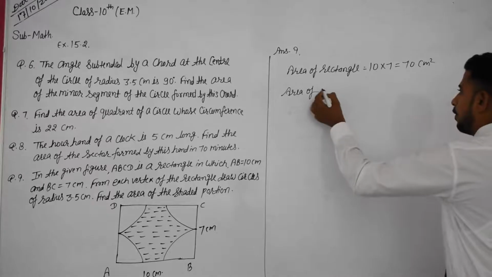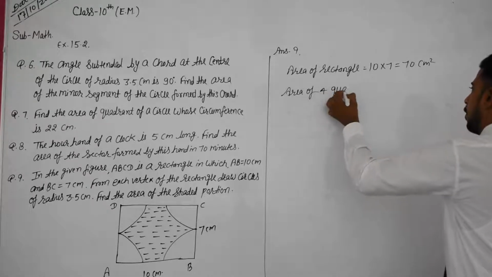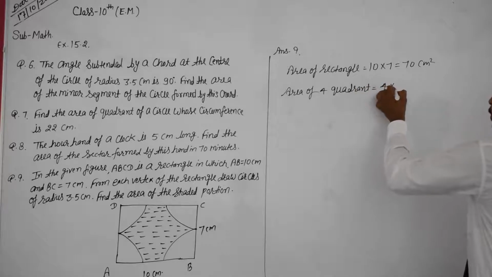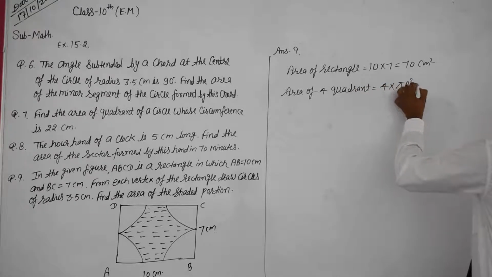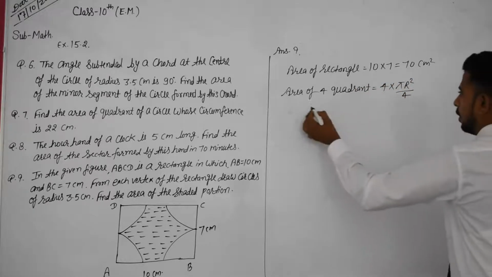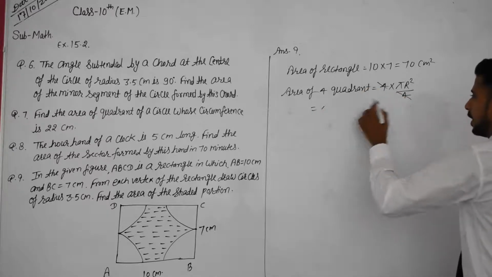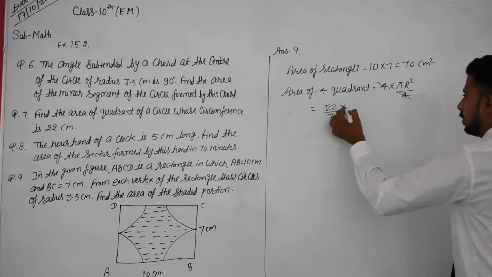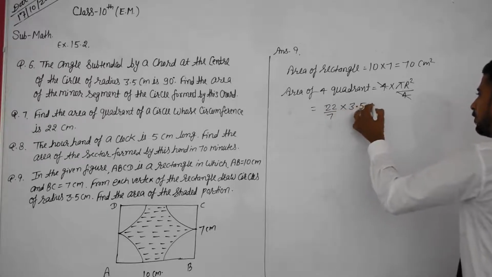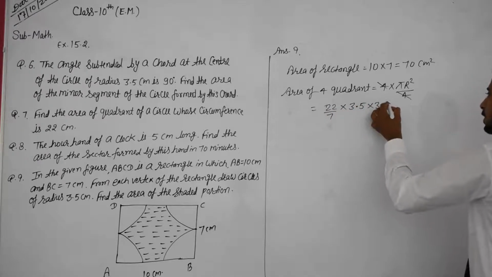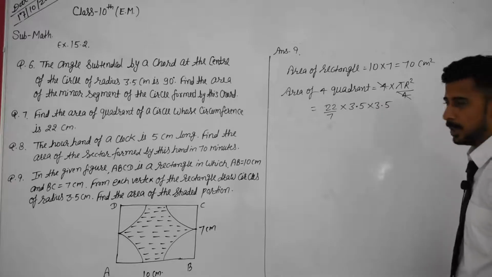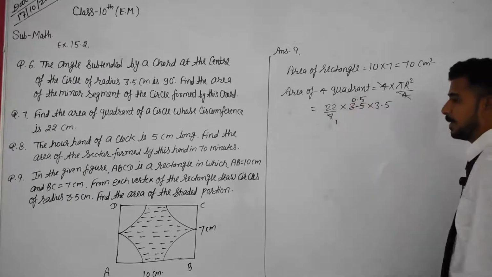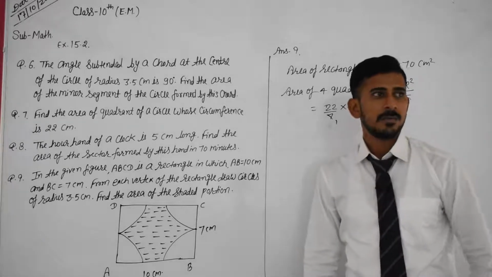Then area of 4 quadrants is equal to 4 multiplied by pi r square upon 4. 4 and 4 cancel, then the value is pi, which means 22 upon 7, into r square, which means 3.5 into 3.5. 7 ones are 7 and 7 fives are 35. It means the value is 0.5.